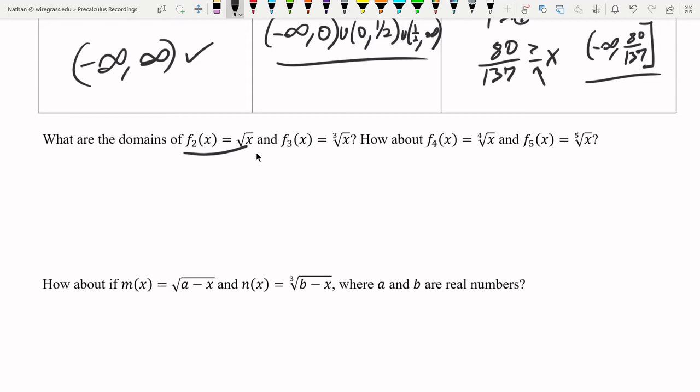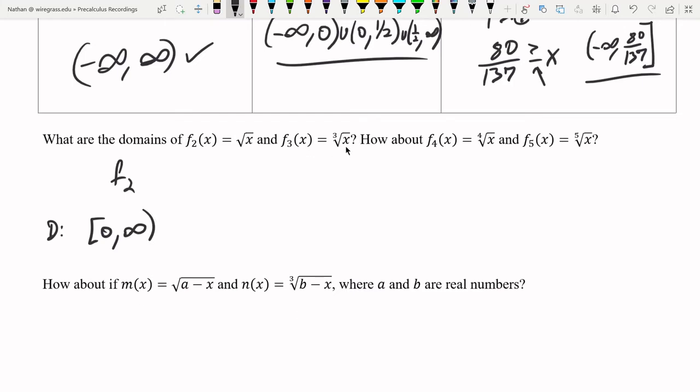And complex numbers are fine, but they're not okay to graph on the Cartesian coordinate system. You can't graph complex numbers on that. So we must exclude those for our purposes. And we know that happens when x is less than 0, which means the domain of f2 is 0 and greater.